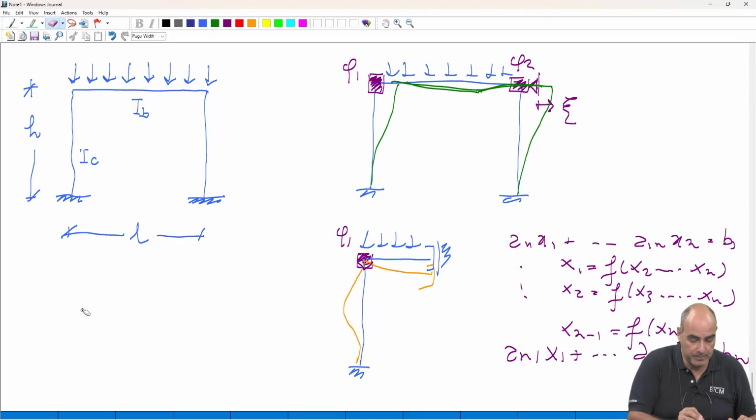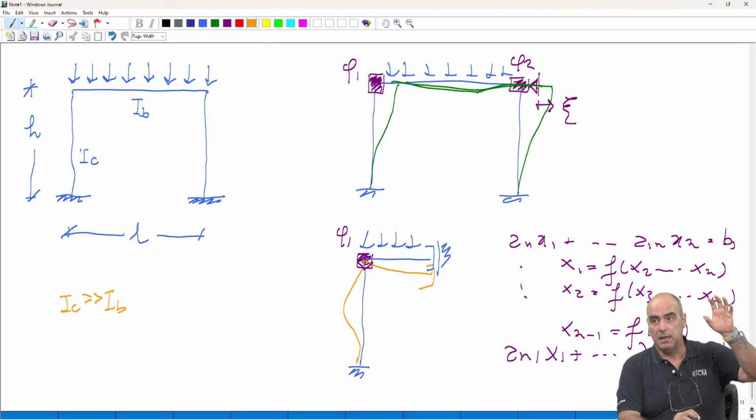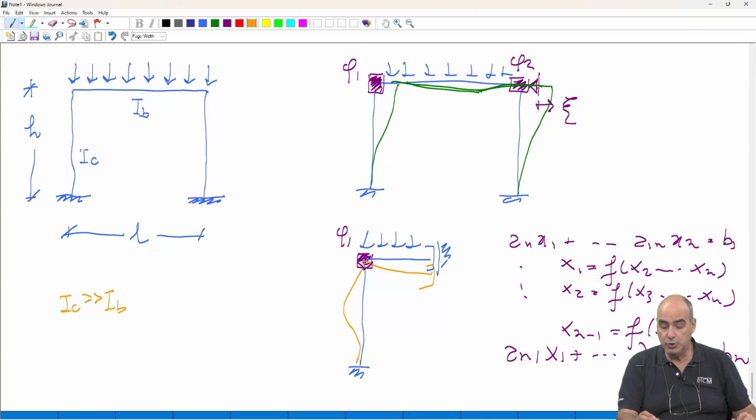If the column is much stiffer than the beam, the column does not see any rotational restraint from the beam on the top, but surely sees this fixed edge here.